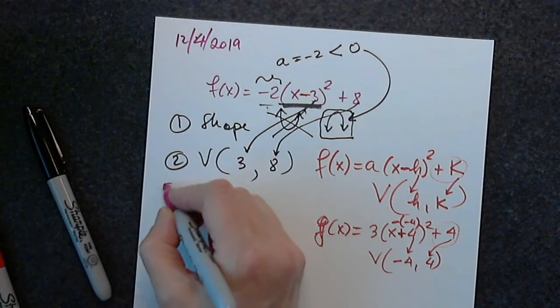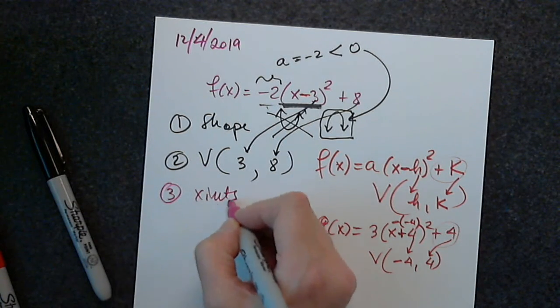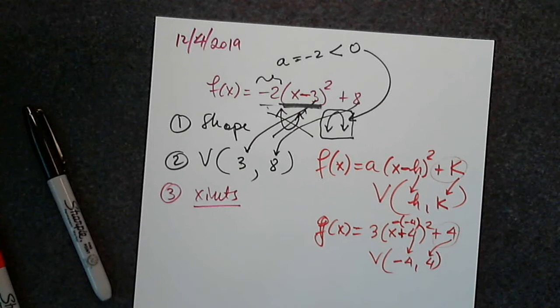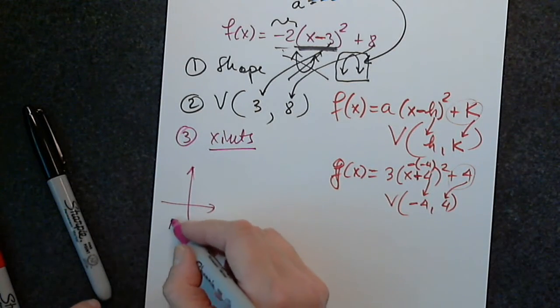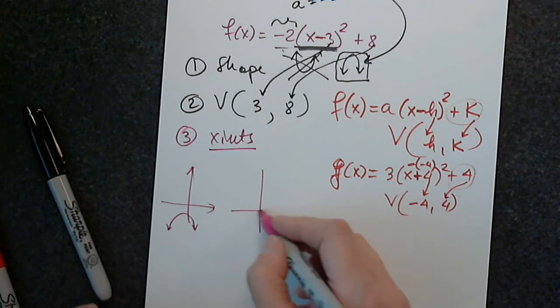In number 3, I want the x-intercept. But I have to think for a moment. Because they may exist or may not exist, we identify the shape from the very beginning, and we know there are 3 possibilities for a maximum. This is one possibility.